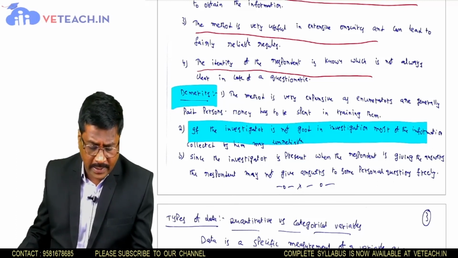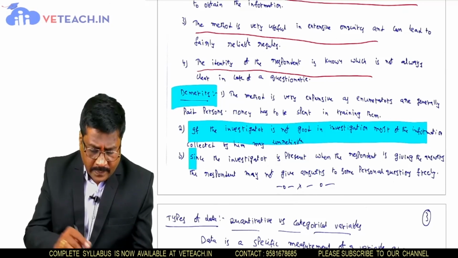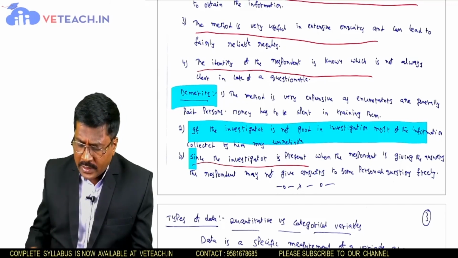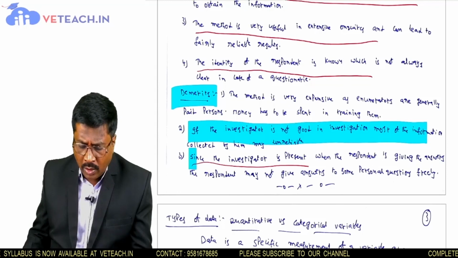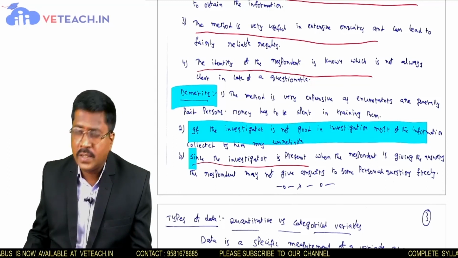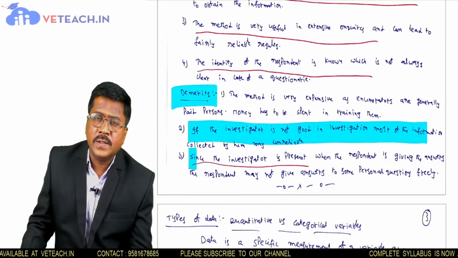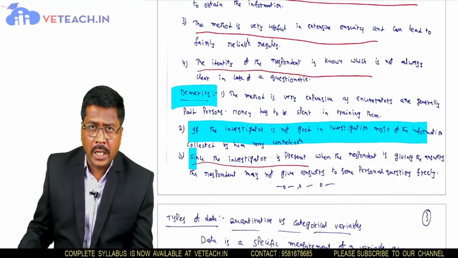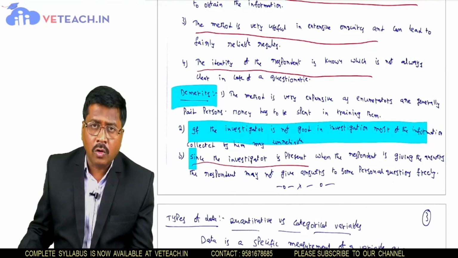The third demerit is that since the investigator is present when the respondent gives the answers, the respondent may not answer some personal questions freely. Suppose the investigator asks personal questions, the respondent does not give the correct information. This is also a main drawback.